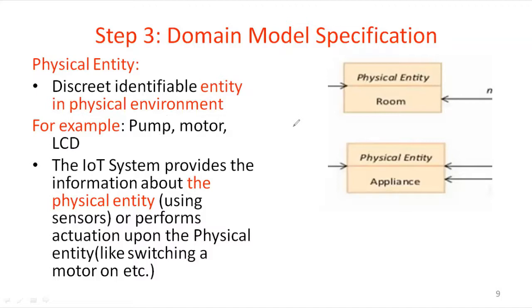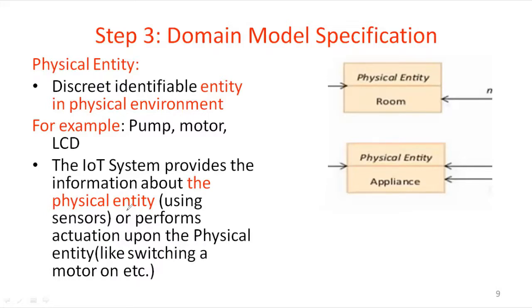This is called a physical entity. The IoT system provides information about the physical entity using a sensor, or performs actuation upon the physical entity, like switching a motor on.